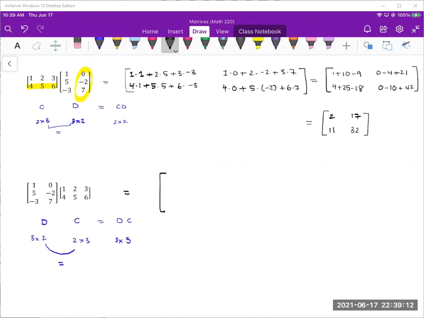All right, so we can do this one column at a time, or we can actually think about them entry by entry. So to get the entry that lives in, for example, row 2, column 3, we would take row 2 of the matrix on the left, D, with column 3 of the matrix on the right, C. Okay, let's work through these.